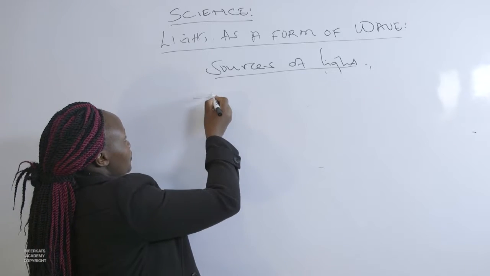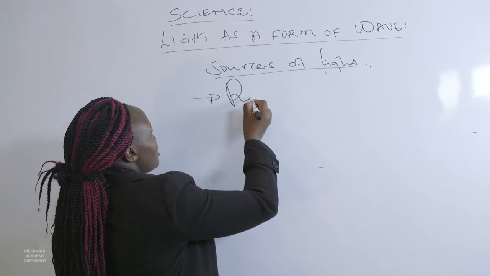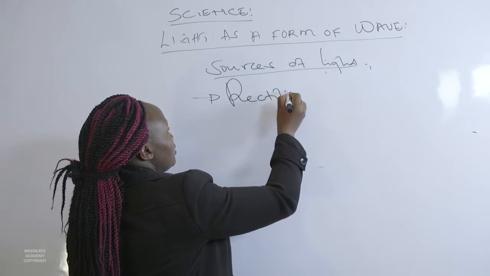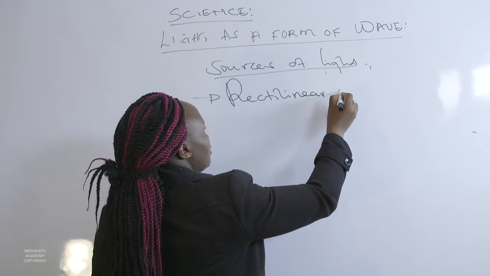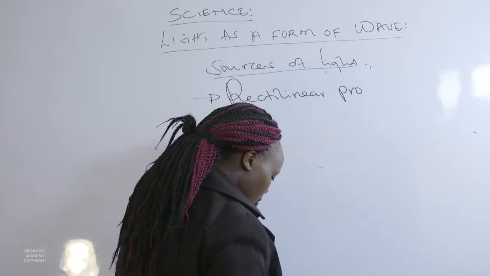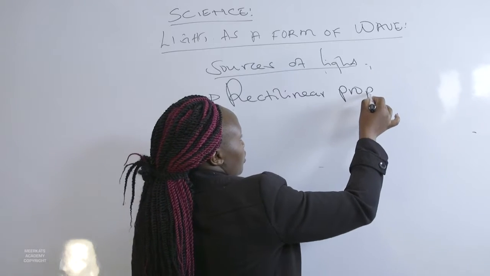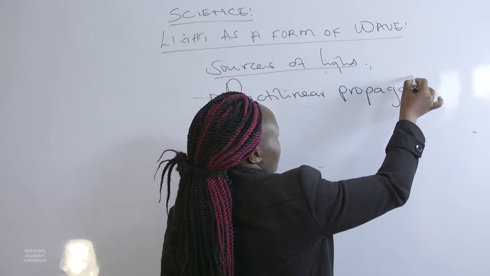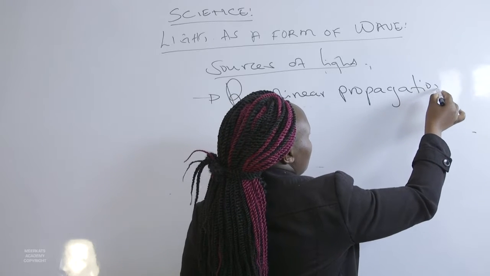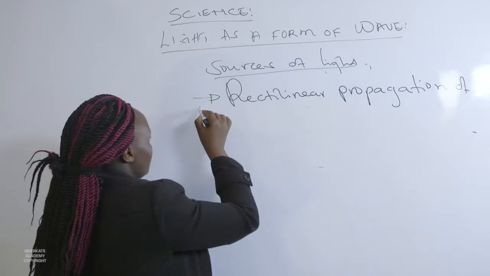Now, we start by discussing a property that we call linear propagation of light.